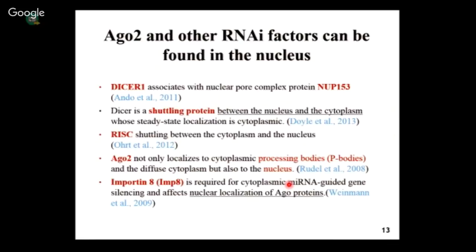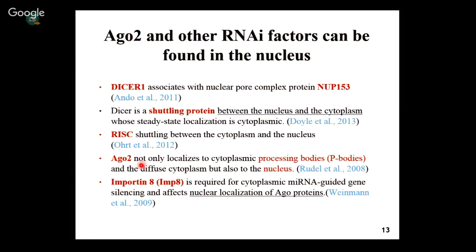Some laboratories have suggested that AGO2 and other RNAi factors can be found in the nucleus, like Dicer1, which is associated with the nuclear pore complex protein NUP153. Dicer is also a shuttling protein, meaning it can transfer between the nucleus and the cytoplasm. RISC can also shuttle between the cytoplasm and nucleus.